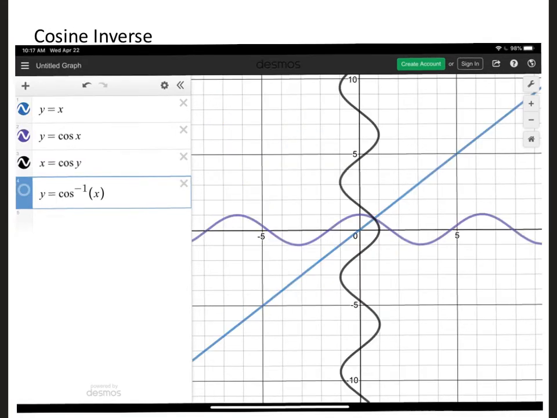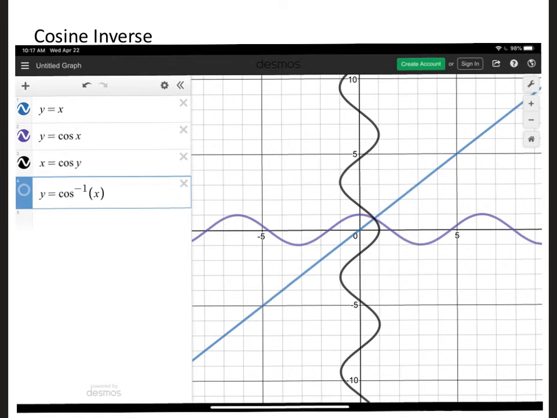Okay, we're going to repeat this process for cosine. So in blue, I have the reflection line y equals x. In purple, I have the parent function of cosine of x graphed. And then in black, I have the inverse equation of cosine, which is the reflection across the line y equals x. You can see it's a reflection across the line y equals x. So this is the inverse cosine equation.